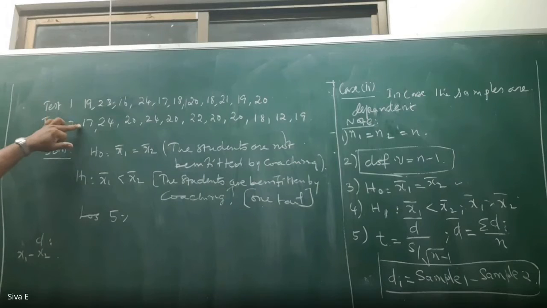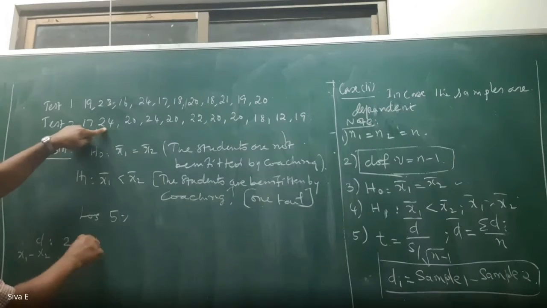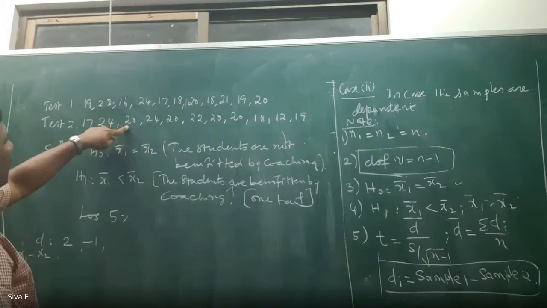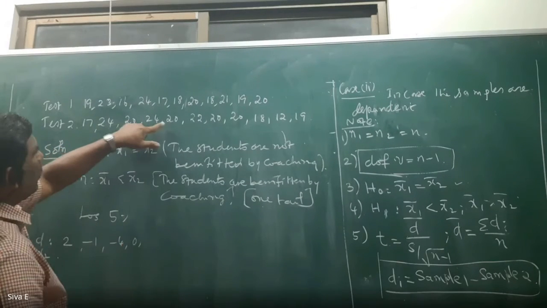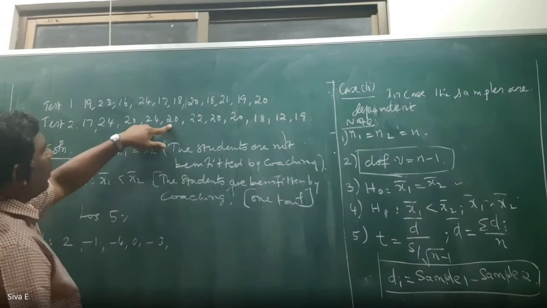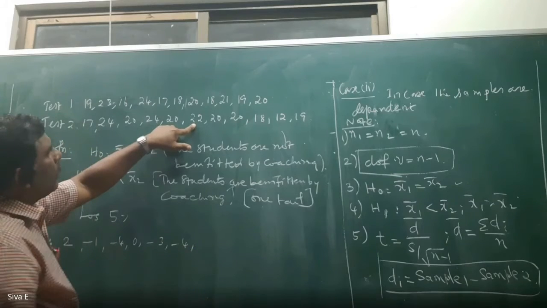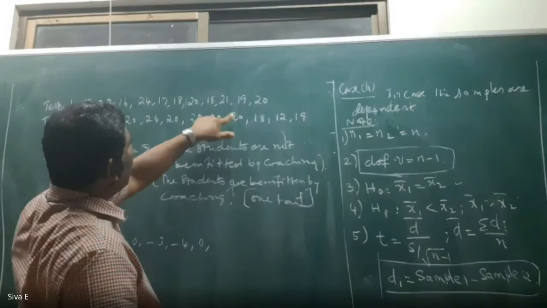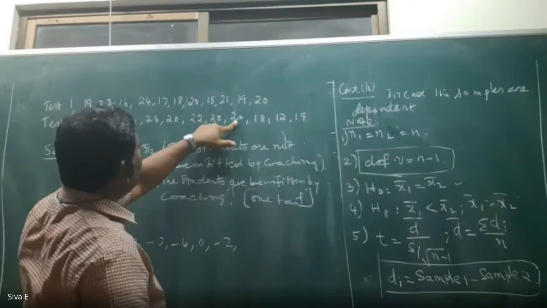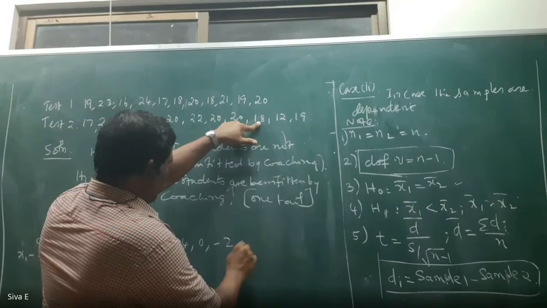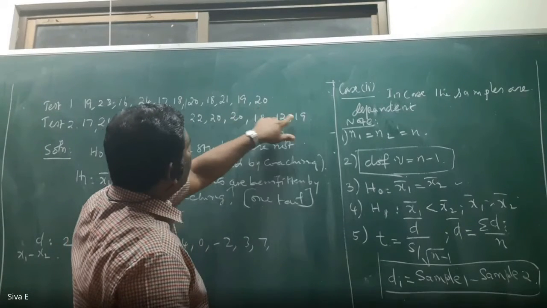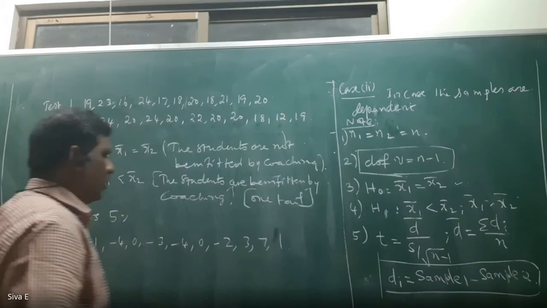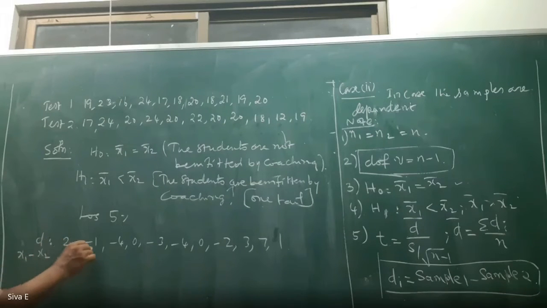So: 2, minus 1, minus 4, 0, minus 3, minus 4, 0, minus 2, 3, 7, 1. D values are these eleven values.